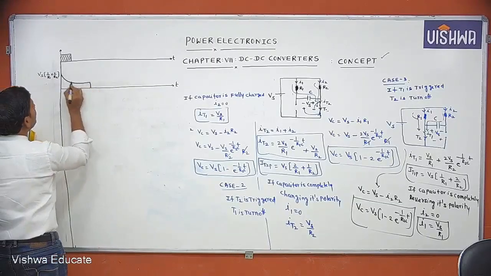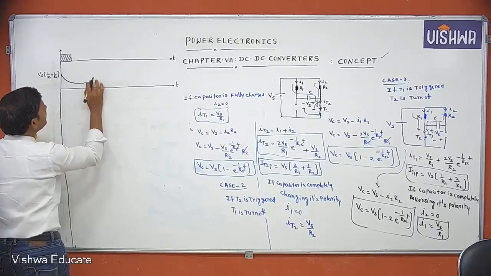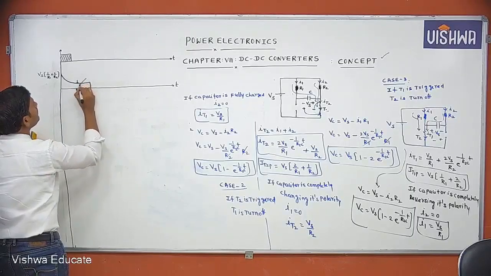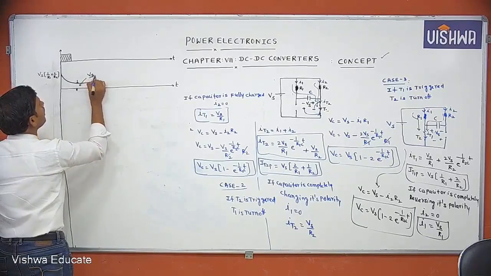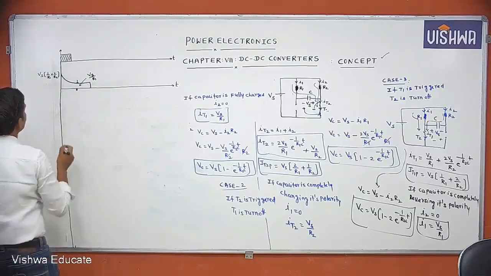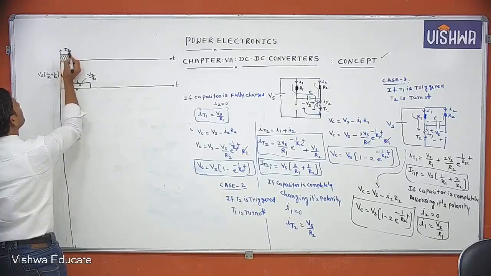After completely discharging and changing its polarity, the only current is Vs by R1. This is for T1 triggered, with the triggering pulse at T1.